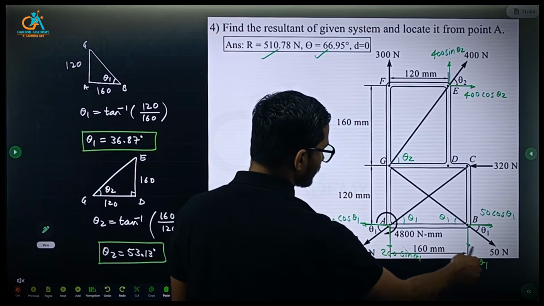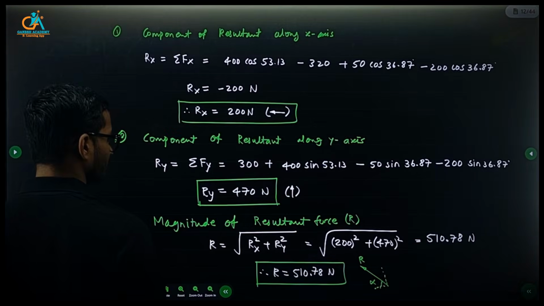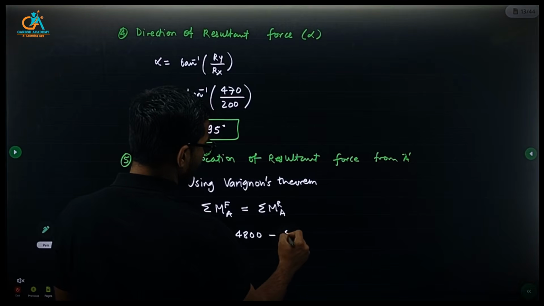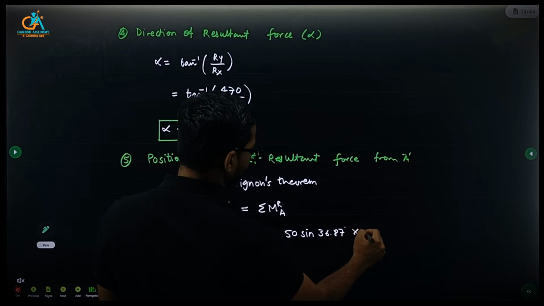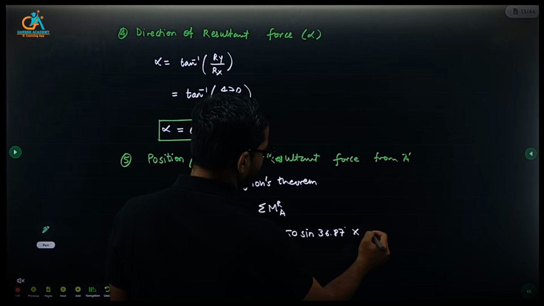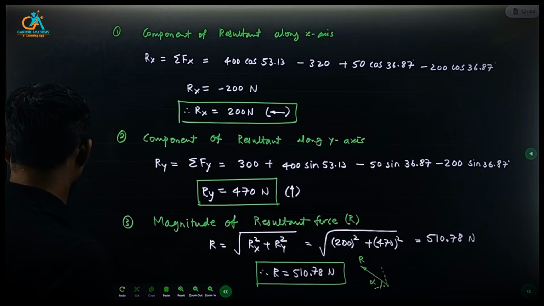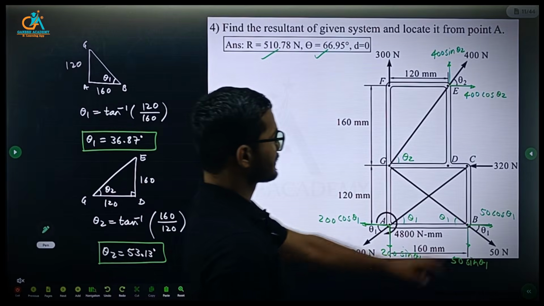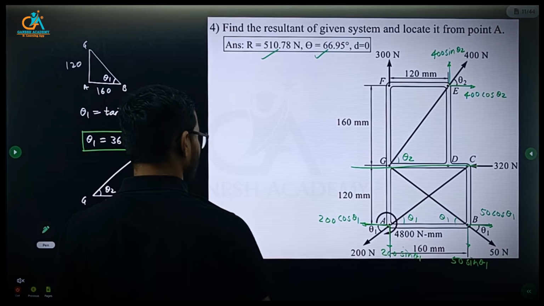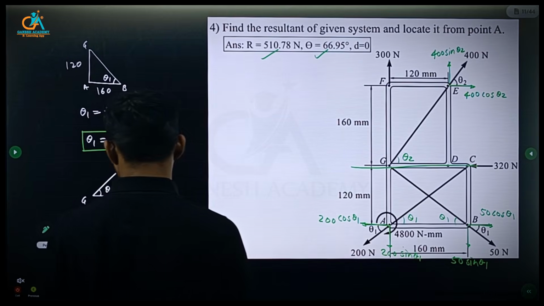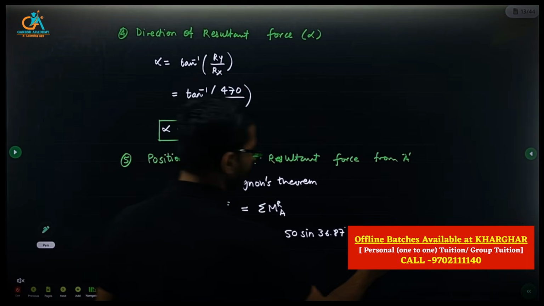So minus 50 sine theta 1 into 160, theta 1 is 36.87. The next is 320. The line of action is like this, at perpendicular distance 120. It tends to produce anti-clockwise rotation. So 320 into 120, anti-clockwise positive.